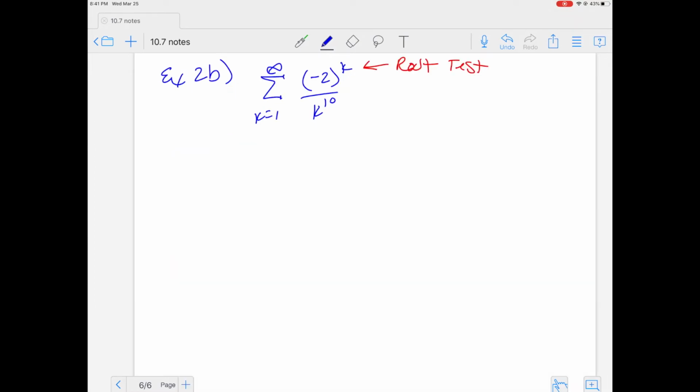Okay, you get it. So r is equal to the limit as k approaches infinity of negative 2 to the k over k to the 10th. All of that is to the 1 over k power. Now, whenever I'm taking this fraction to the 1 over k power, you have to take this 1 over k to both the numerator and the denominator. So, power to a power, you multiply.